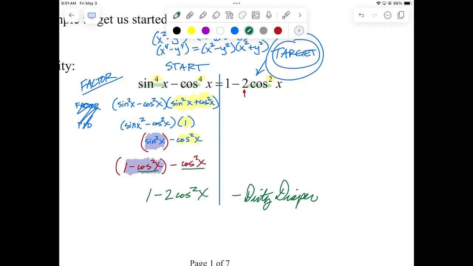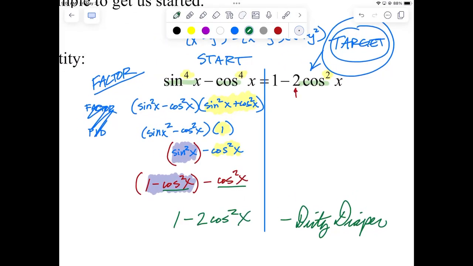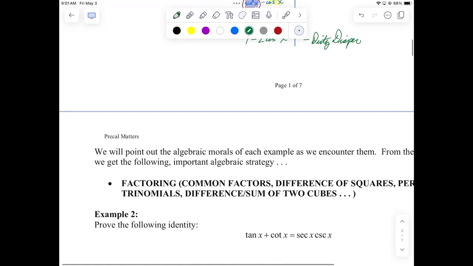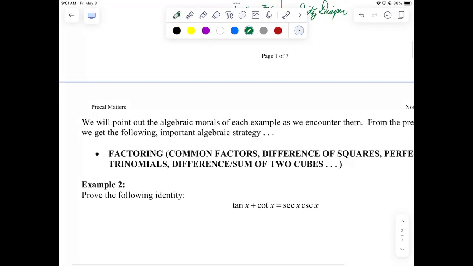So every problem is going to present its own little piece of strategy, a little tidbit of wisdom that's going to help us when we do other problems. What's this one? Not only start on the most challenging side, or the side that has the higher power, but look to factor. There's the strategy from here. Look to factor. All right? So we sum that up right here. We're going to point out the algebraic morals of each example as we encounter them.